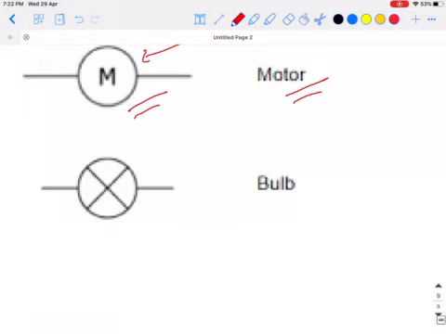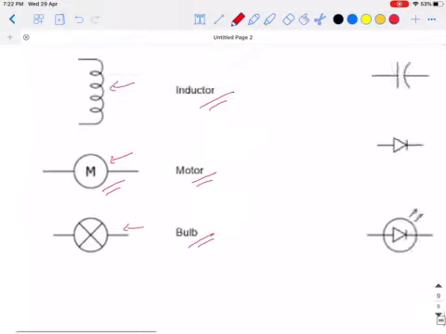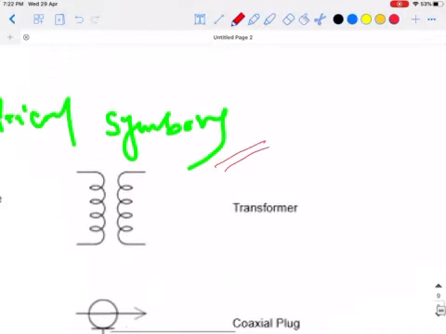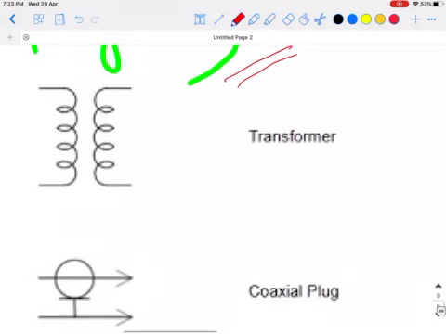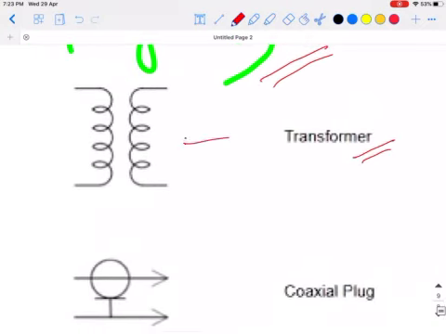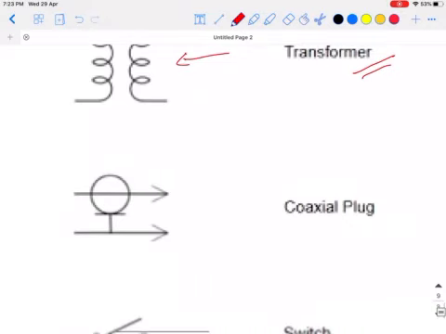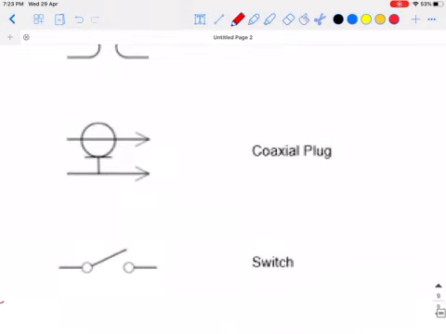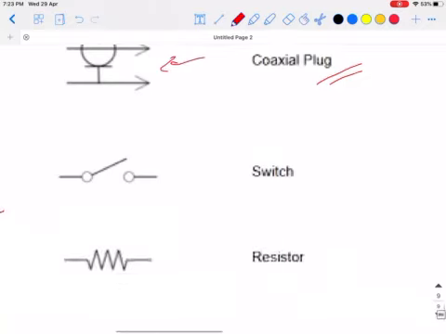The next symbol is the bulb, which is represented by this symbol. The next symbol is the transformer, which is represented by this symbol. Then the coaxial plug, which is represented by this symbol.